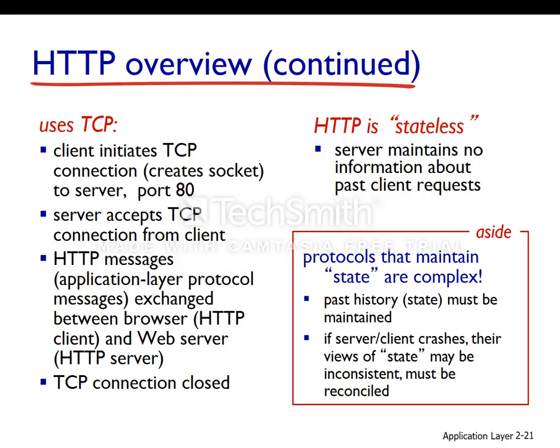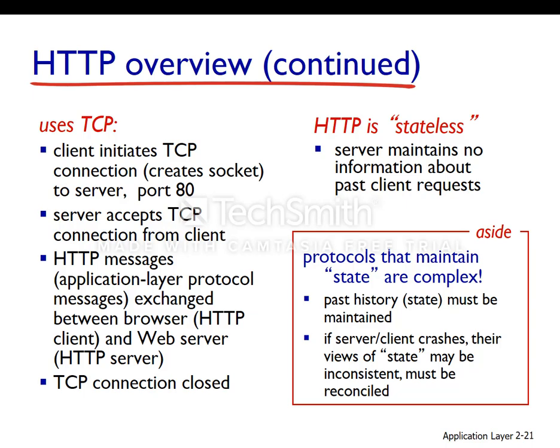So HTTP, the Hypertext Transfer Protocol, is a reliable protocol, so it uses TCP. Reliable basically means that it makes sure that all the bytes that are sent make their way to the other end. It uses TCP, and the client will initiate a TCP connection to the server on port 80.